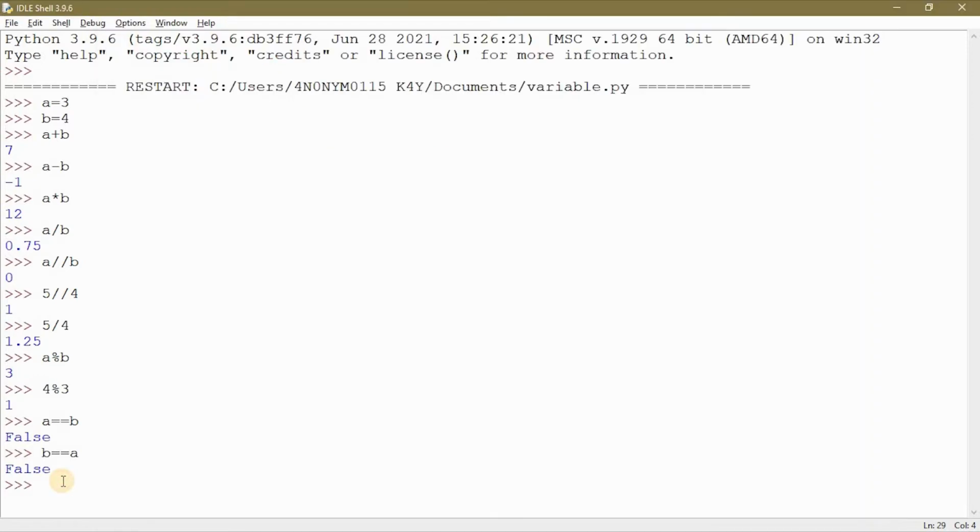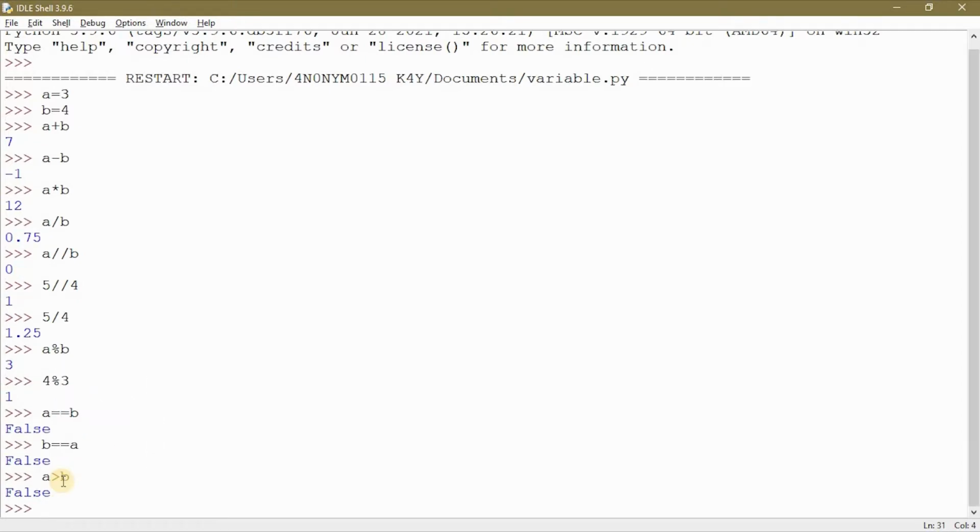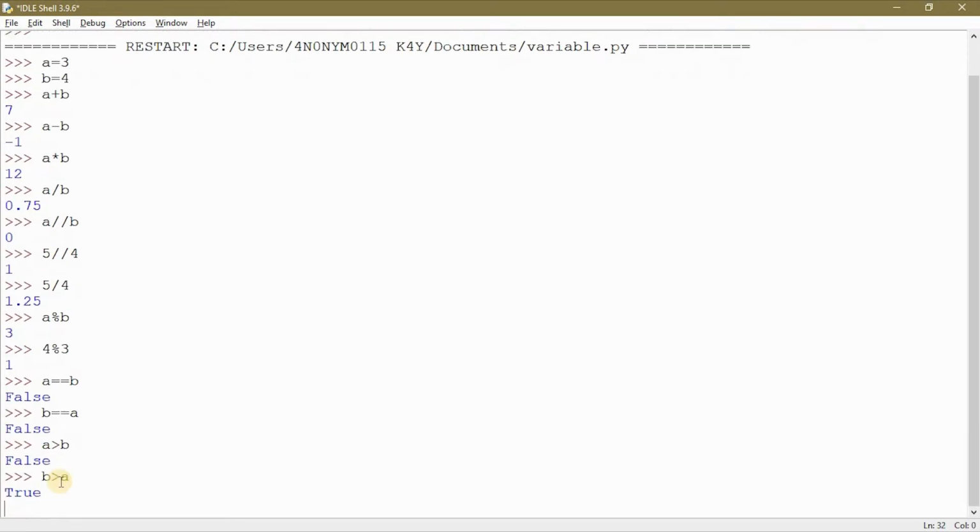So let's do that on our terminal. A greater than b is false, because a is 3 and b is equal to 4. Let's do something like this: b greater than a, that's true.